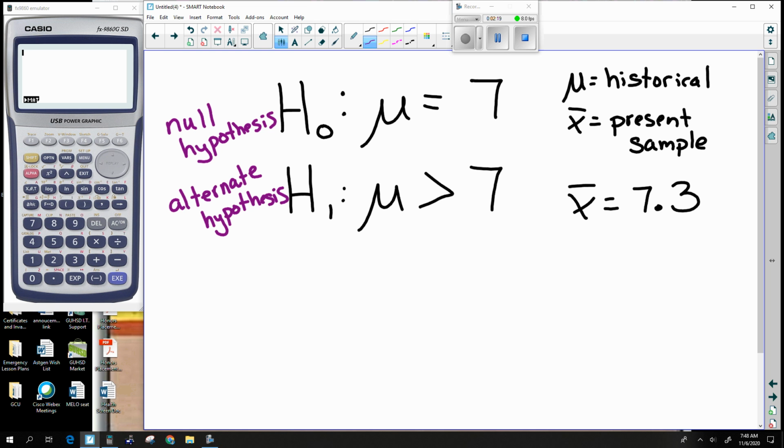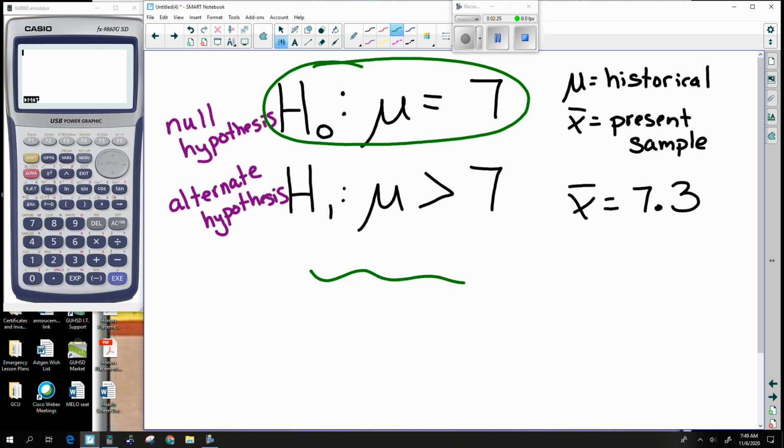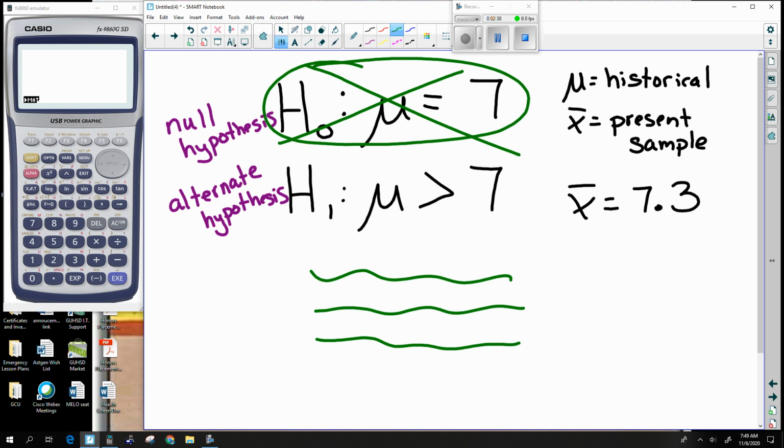So what we're going to do is accept this as the answer. But then we're going to do a whole bunch of statistics. And if our statistics are strong enough, and our sample is strong enough, then we can say, no, this is not true.